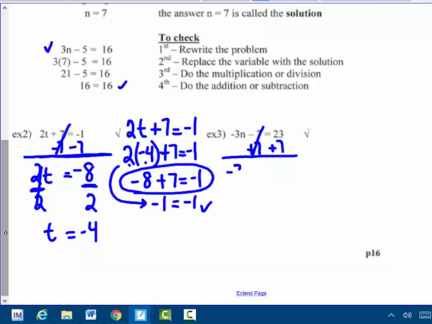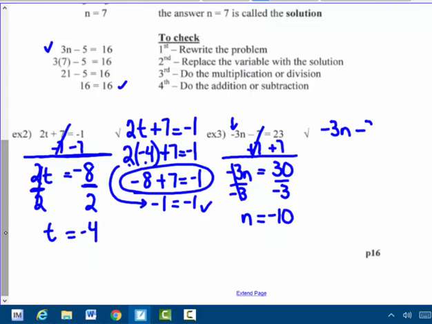And I get -3n, don't forget that negative, equals 30. I'm going to divide by -3, divide by -3. These cancel. -3 over -3 is 1n. N wants to be all by himself. We're solving it. 30 divided by -3. 1 negative in my quotient means that my answer is going to be -10. Okay, let's check it.